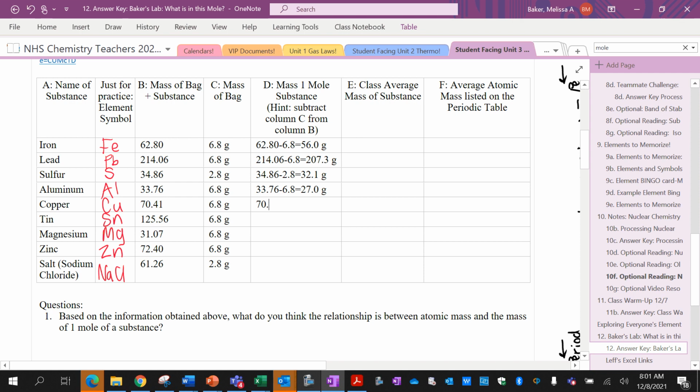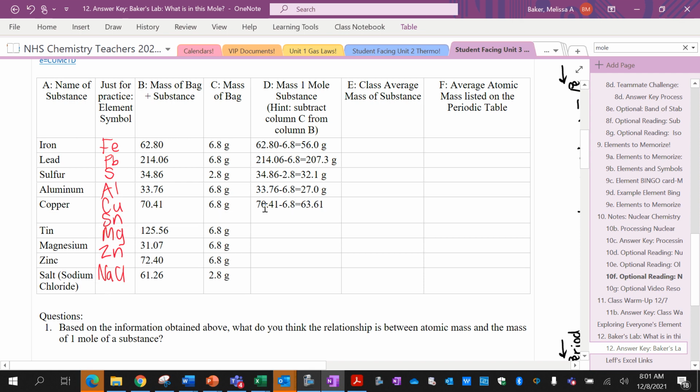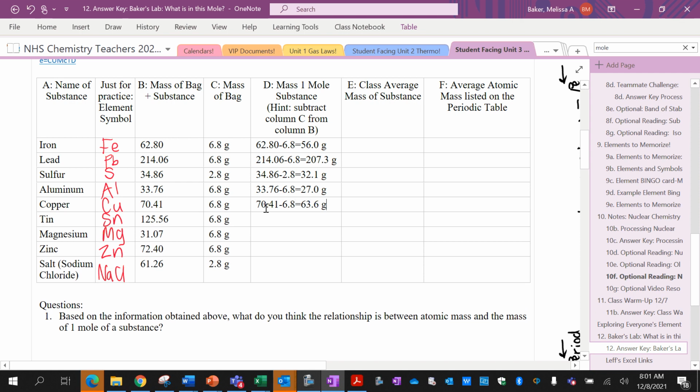There we go. 70.41 minus 6.8. 63.6, 125.56 minus 6.8, 118.8, 31.07 minus 6.8, 24.3, 72.40 minus 6.8, and salt minus 6.8. 58.5. Okay, there we go.